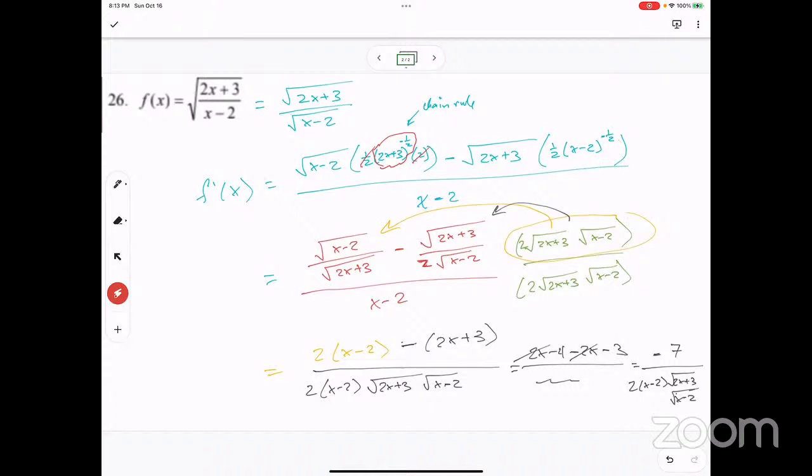Well, no, but I think my teacher kind of told me that if you have an actual expression inside of a square root, then you really kind of have to do the chain rule. I did do the chain rule, but the difference is what's the derivative of what's inside here? What's the derivative of x minus 2? 1.